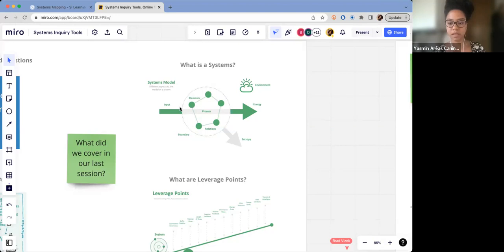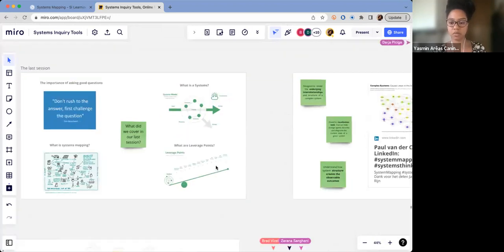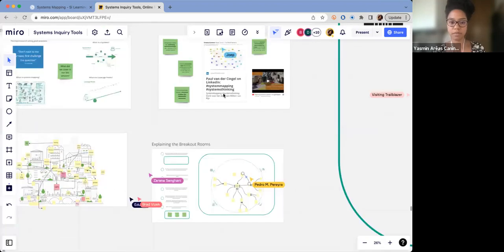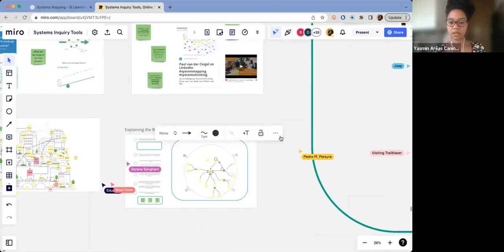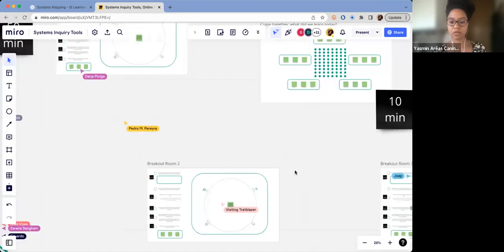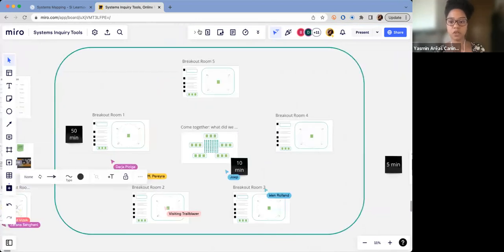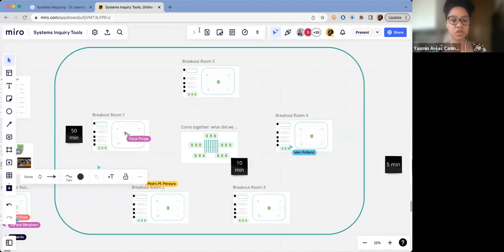Any other questions? All good? Good to go? Okay, so here you have the number of the breakout rooms. Depending on the group that appears for you, you can join breakout room 1, 2, 3, 4. We have 25 people. Let me stop sharing so I can create the breakout rooms.